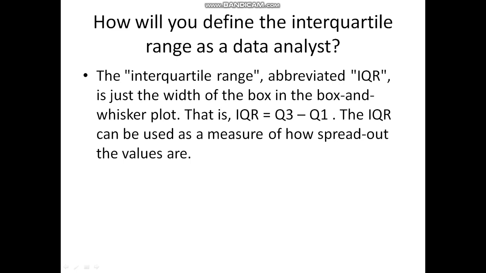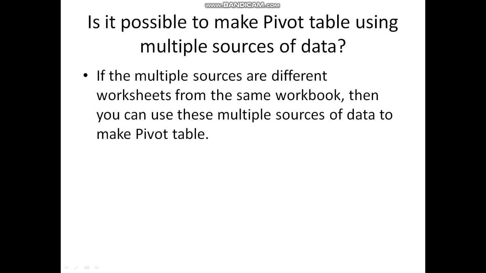The interquartile range, or IQR, is just the width of the box in the box and whisker plot. That is, for the IQR, you have to calculate Q3 minus Q1, and the IQR can be used as a measure of how spread out the values are.